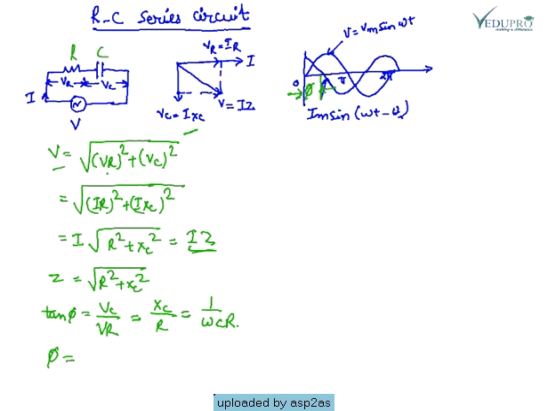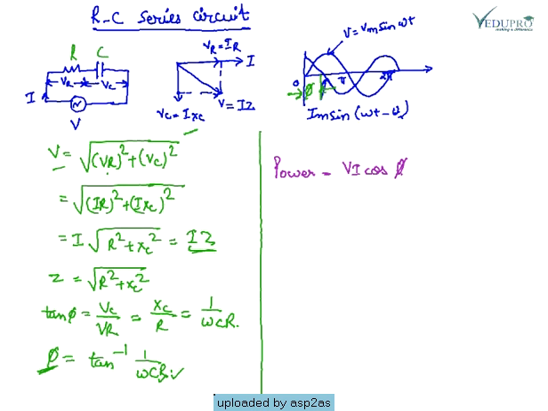So phi is tan inverse of 1 upon omega CR. So the phase difference between the voltage and current depends on the values of C and R. Power is given by V into I cos phi.